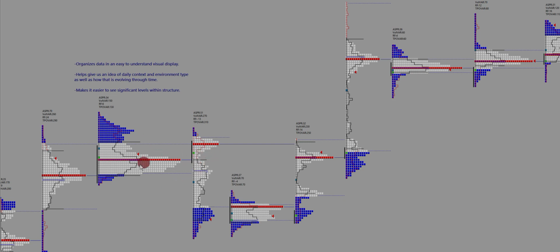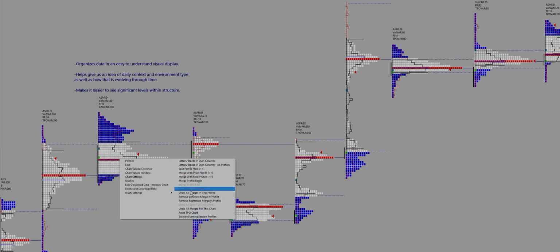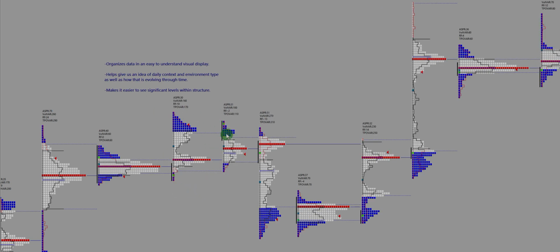So this is why we use market profile. It helps us organize data in a very easy to read manner, in that we can immediately see market's in balance. We're looking for a break from balance. Market is trending. It's constantly reestablishing value. We're able to do all these things in a very fast manner. And this is how we're going to be establishing the levels that we're going to be looking toward when we combine order flow and market profile.